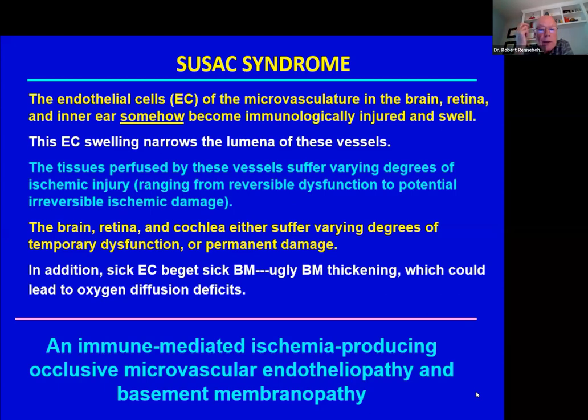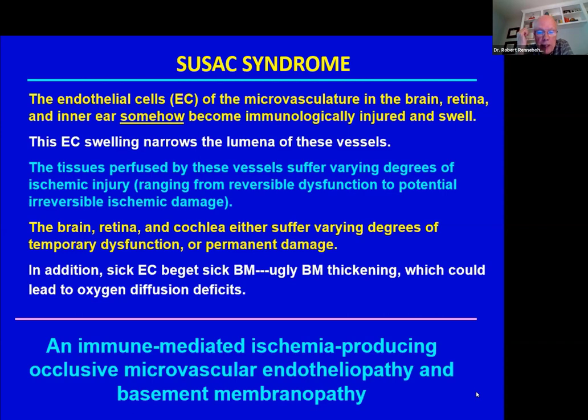The brain, retina, and cochlea either suffer varying degrees of temporary dysfunction or permanent damage. And in addition, the sick endothelial cells beget sick basement membranes, and you get ugly basement membrane thickening, which could lead to oxygen diffusion deficits.